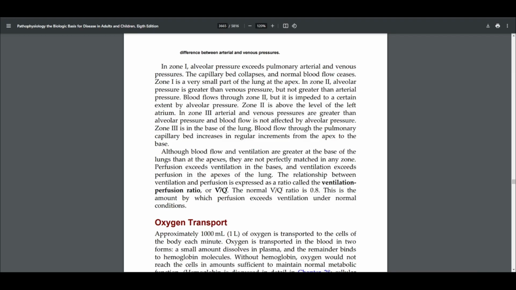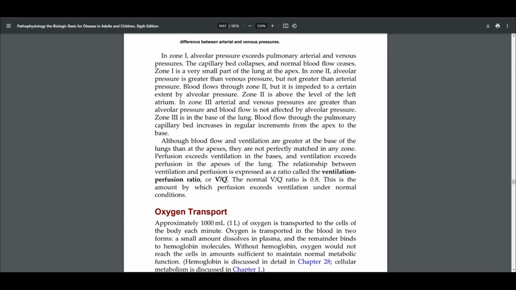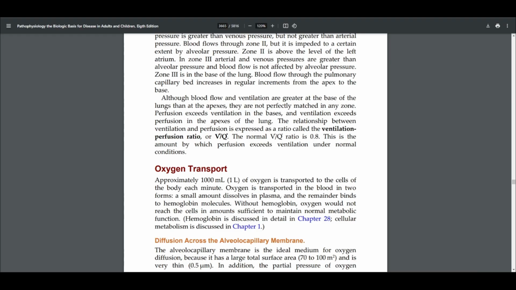Blood flow through the pulmonary capillary bed increases in regular increments from the apex to the base. So, although the blood flow and ventilation are greater at the base of the lungs than at the apex, they're not perfectly matched in any zone. Perfusion exceeds ventilation in the bases, and ventilation exceeds perfusion in the apex of the lungs.